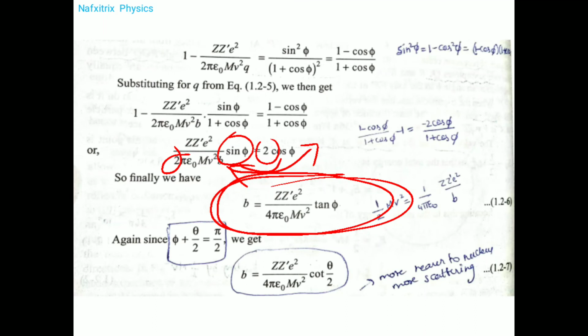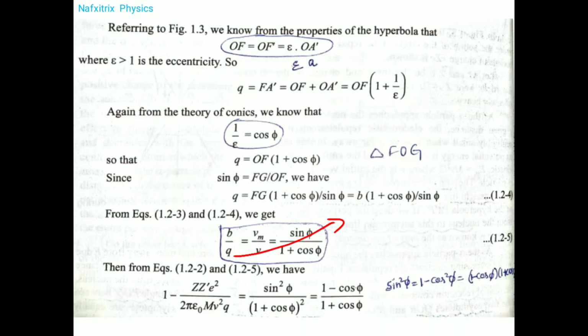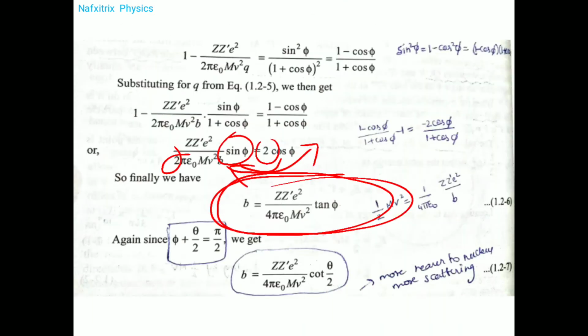And from the diagram, so here you could see this is phi. This entire thing is theta, angle of scattering. So then this would be theta by 2. So this phi plus theta by 2 is nothing but 90 degrees. So that's why here we are having phi plus theta by 2 is also pi by 2.